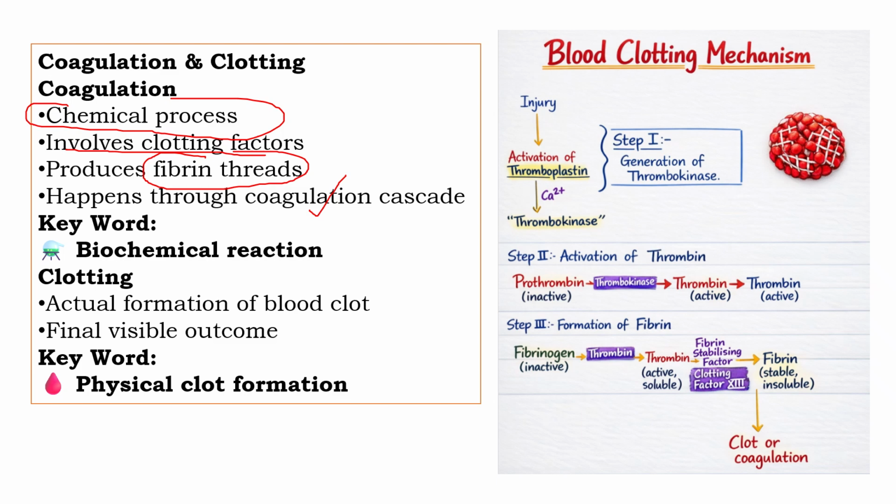There are two pathways for coagulation which are also called clotting pathways, extrinsic and intrinsic pathway. So here you can see there is involvement of multiple protein factors which are responsible for the coagulation process.